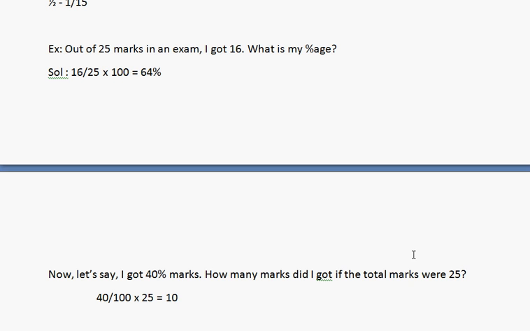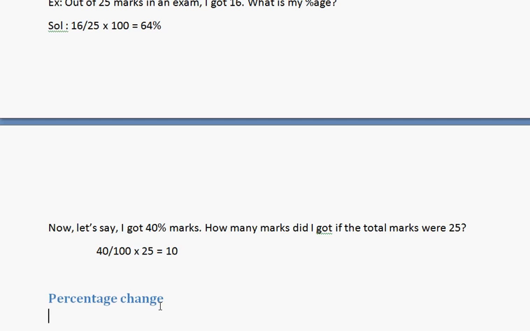So if you are given 40%, it means I achieved 4 by 100, which means I achieved 2 by 5 of the total marks. So 2/5 of total marks would be 10, or 40% of total marks I was able to achieve. Which means 40 by 100 into 25 and it would give us 10, right?